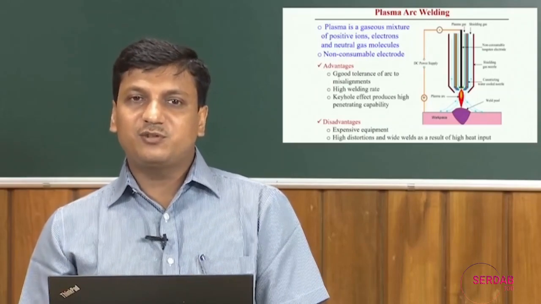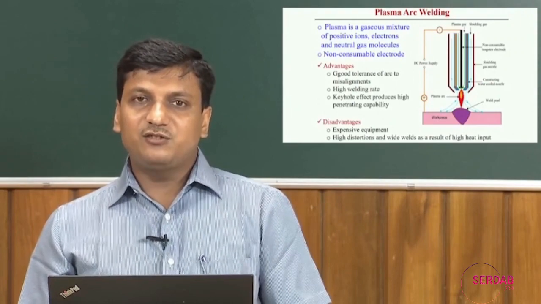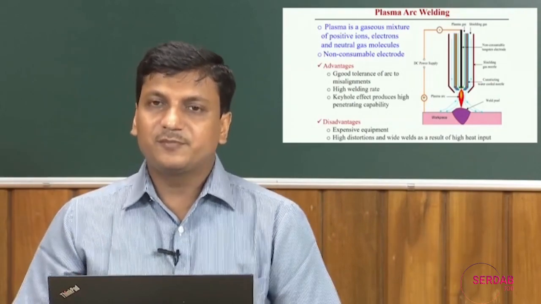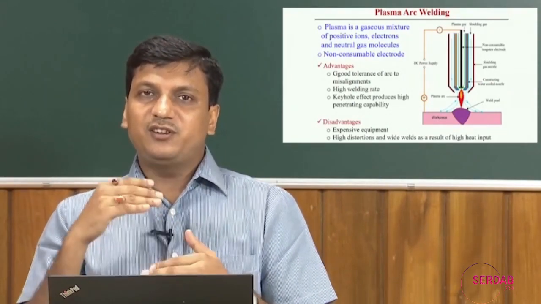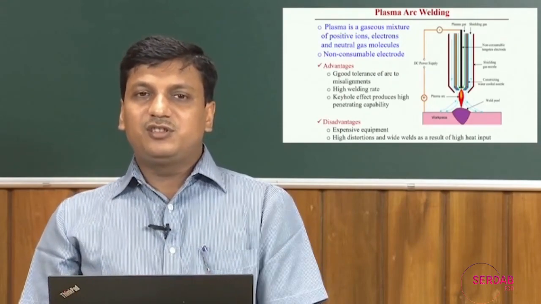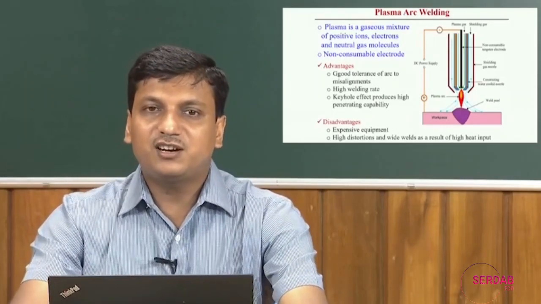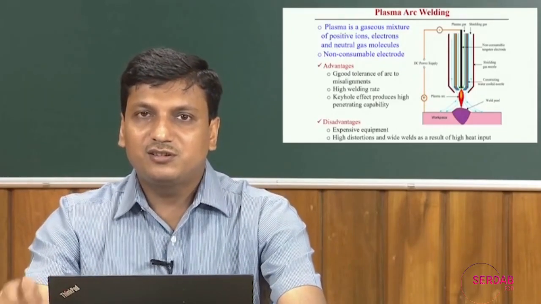This is the only arc welding process where the keyhole mode effect can be produced, and that gives high penetration for high thickness material. So, these are the typical advantages.